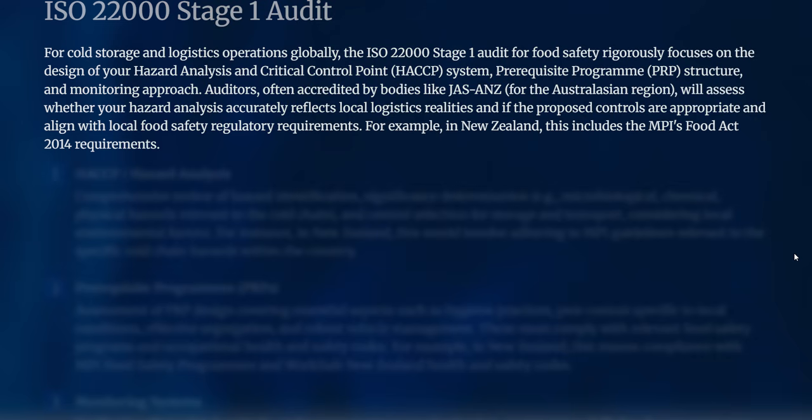Is the way you are describing your logistics in compliance with local realities? And are you complying with local legislation? Always, as we said, legislation, regulatory. Always comply with your regulatory. And if you comply, take the guidelines of the regulatory and combine them with ISO 22000, that's it. That's all you need.